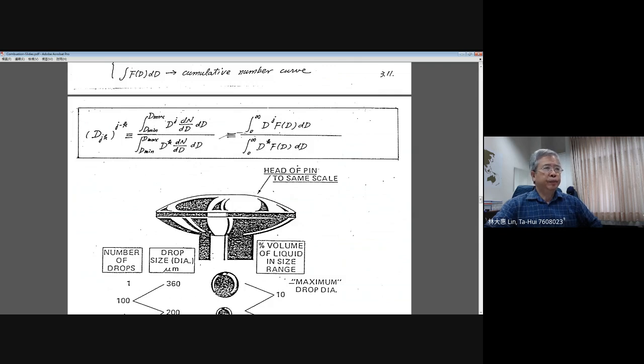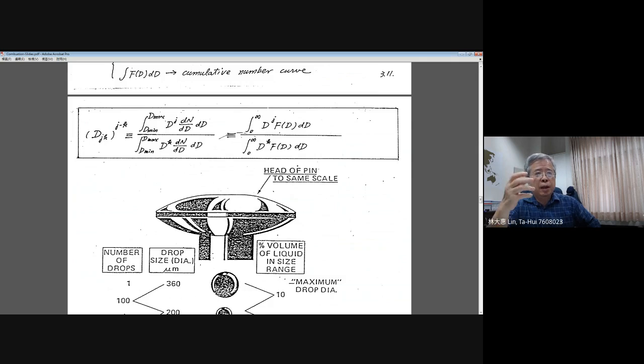For example, in the middle, this equal definition tells you the integration goes from the minimal droplet size to the maximal droplet size. Actually, this equation corresponds to real measurement, because when you do the measurement, you have a limitation for your instrumentation. You cannot measure too small droplets in your spray region.